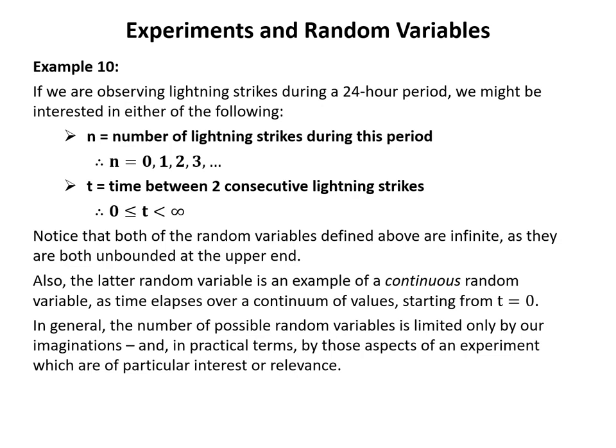Now, notice that both of the random variables defined above are infinite, as they're both unbounded at the upper end. Also, the second random variable, time T, is an example of a continuous random variable, since time elapses over a continuum of values starting from T equals 0.